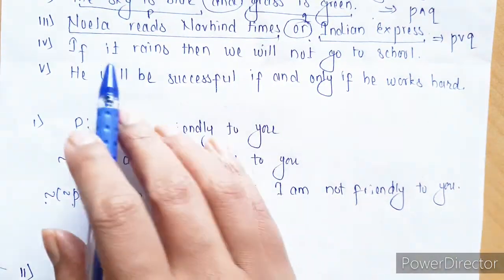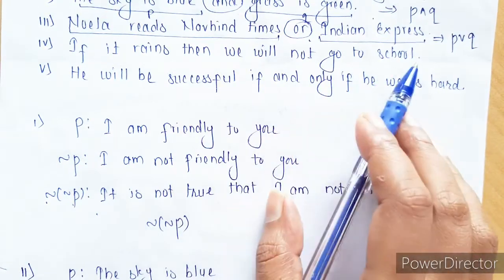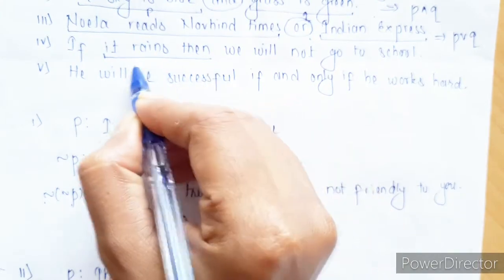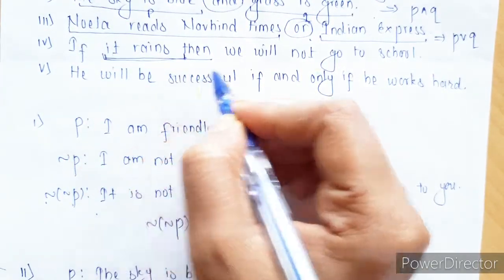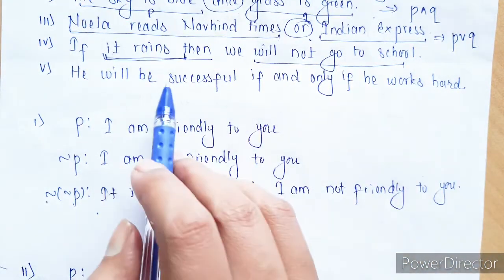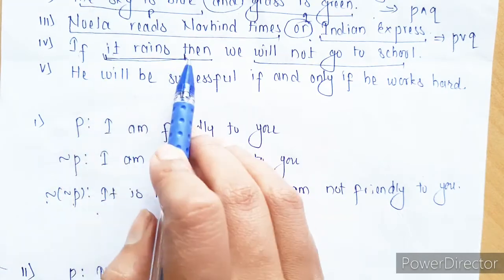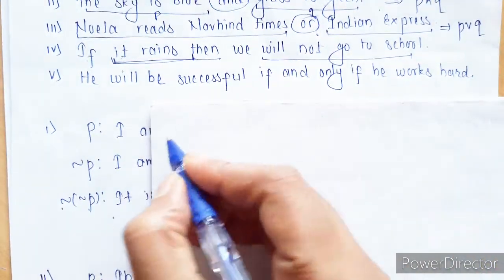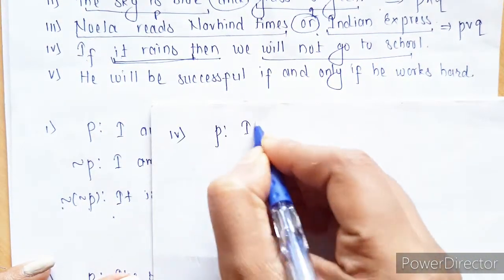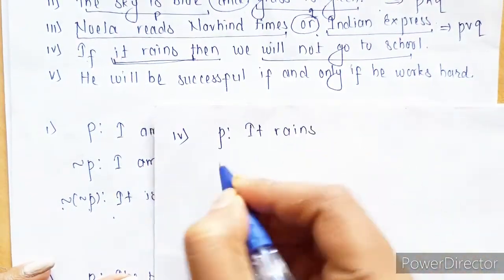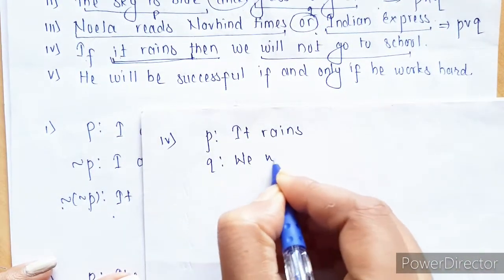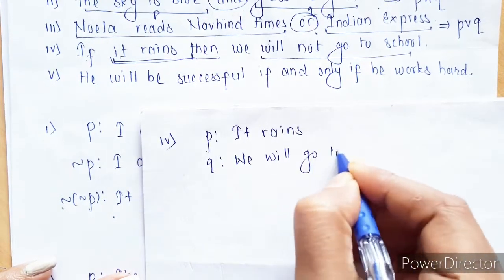Now the fourth one, if it rains then we will not go to school. I am taking this part as the first statement and this part as the second statement, and they are connected using the connective if then, that is implication. Statement P can be written as it rains, and statement Q can be written as we will go to school.